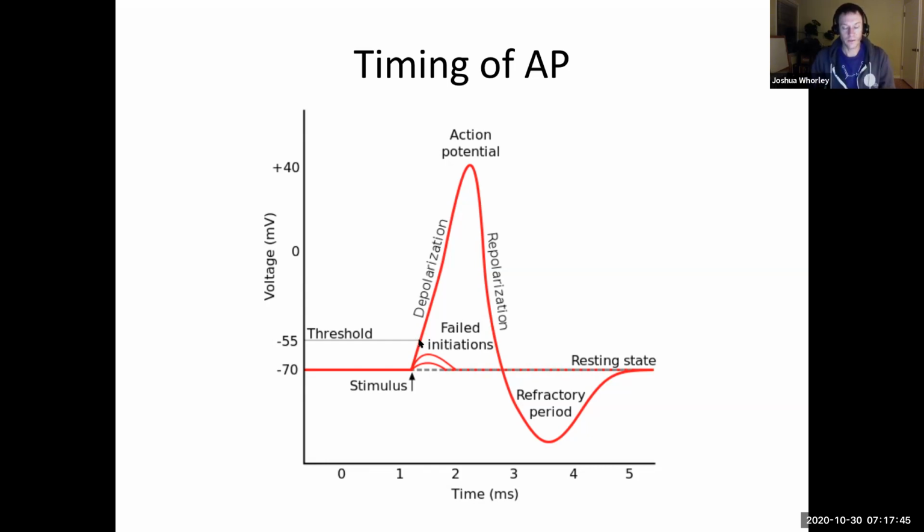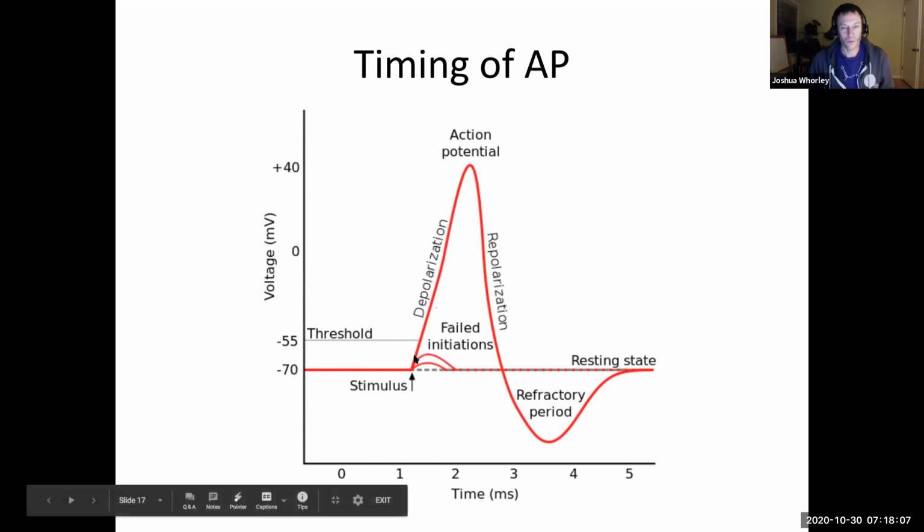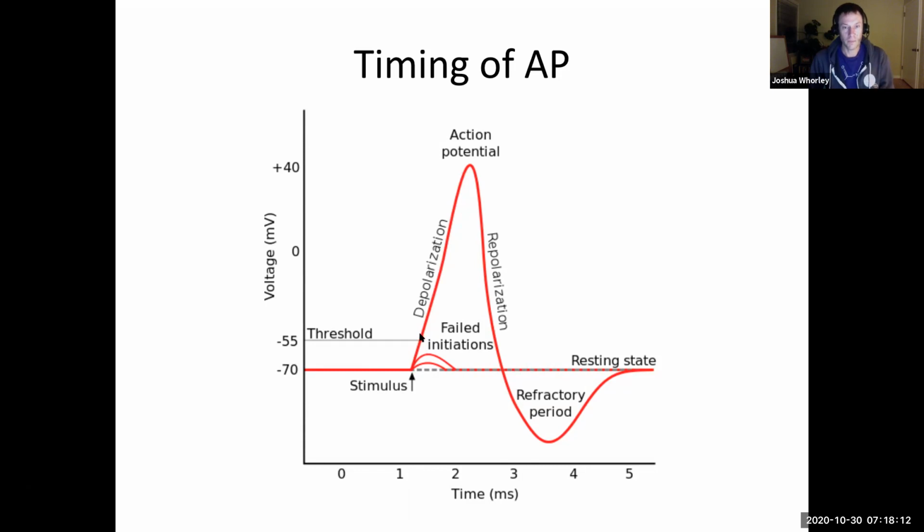Then once we get to threshold, all the neighboring voltage-gated sodium channels open rapidly, causing lots more sodium to rush into the cell. And as that's happening, the neighboring potassium channels are also opening slowly. So there's a very rapid increase in the permeability of the cell to sodium, and a very slow increase to potassium.